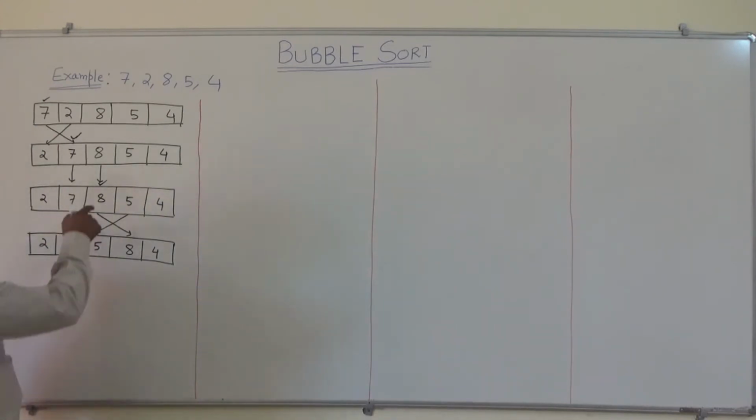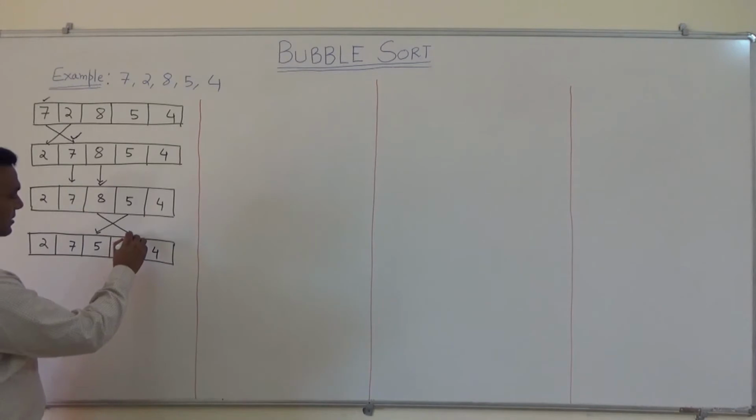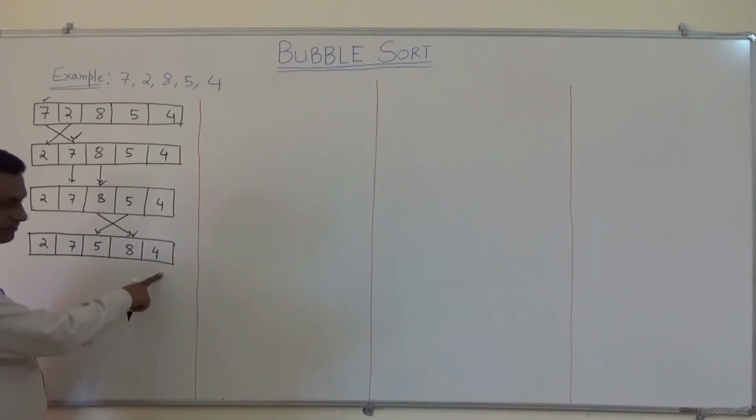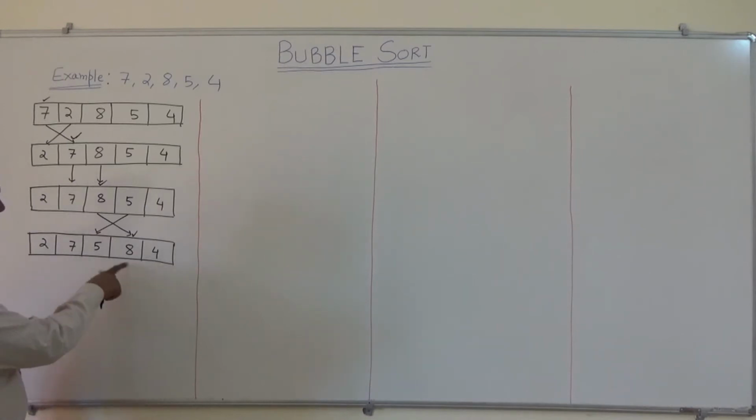Now we have compared the third element. Now we will compare the fourth element with the fifth element. This is 8, and 8 is compared with 4. Because 8 is greater than 4, we will swap these two.